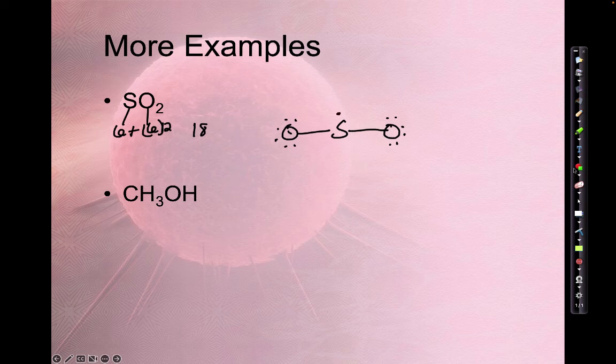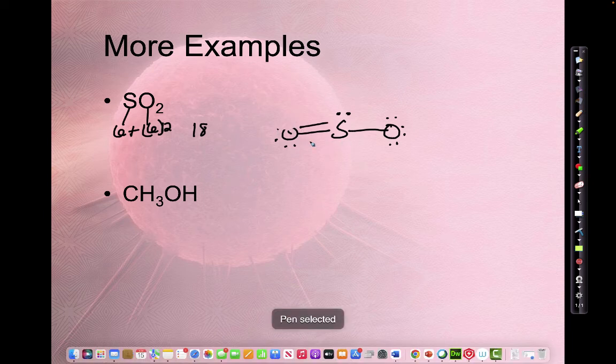They go on the central atom as a lone pair. Now, sulfur is not satisfied, so I'm going to pick one of these and make a double bond. All right, and then it has resonance because they can have the double bond here or on this side, so it's resonance, which leads to different kinds of bond lengths. All right, so we have a bent shape. And then that's going to lead to polarity.